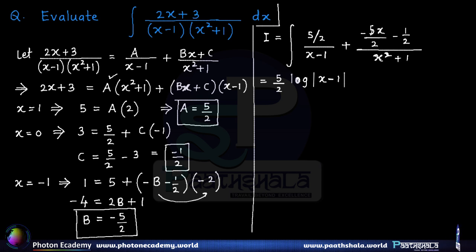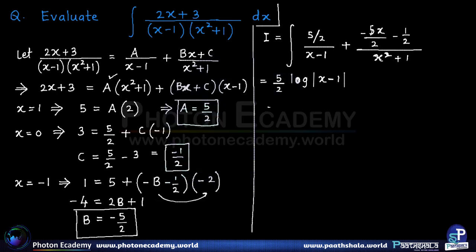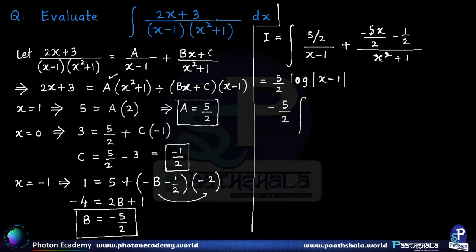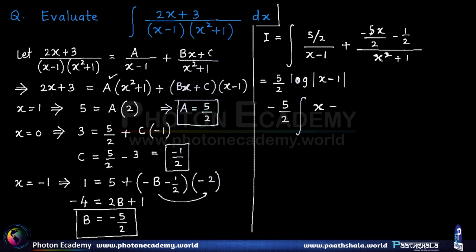Now from the second term we can take the minus sign common, and let us take even 5 by 2 as a common term. So we will be left with x upon x square plus 1.